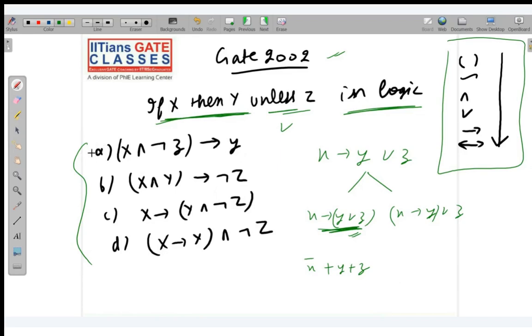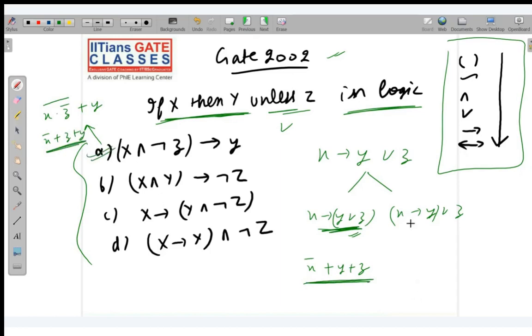Let me change them also, because only then can I prove what is correct and what is wrong. X dot Z bar whole bar plus Y, so it will be X bar plus Z plus Y. Same scenario. So A is the correct option.